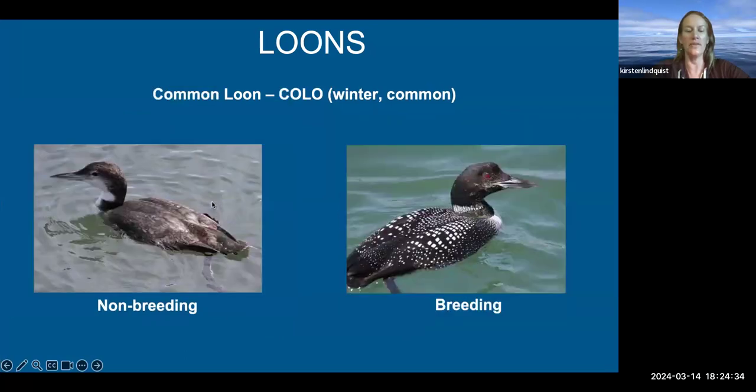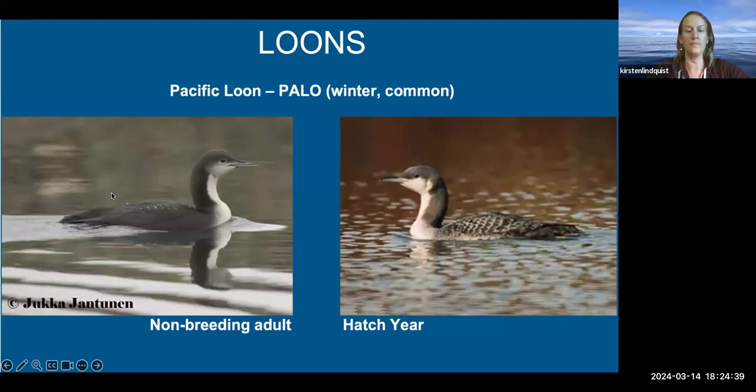I'll just go back one slide, the big zig in the neck. More petite in the head, a little bit more of a rounded head than the blockier common loon. And for all of the loons, the younger birds can be a little bit scalier on the back in their hatch year.